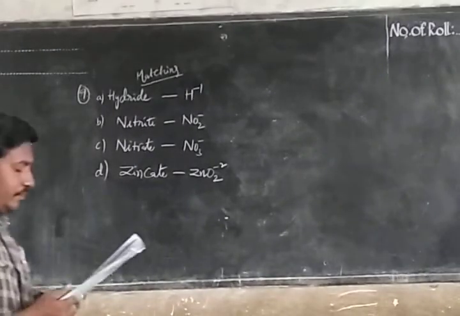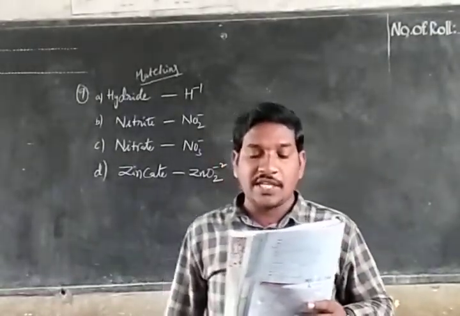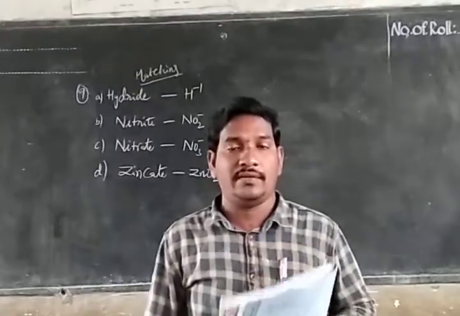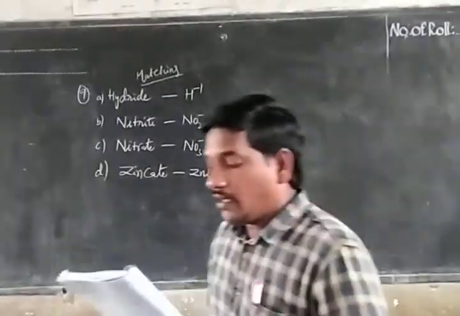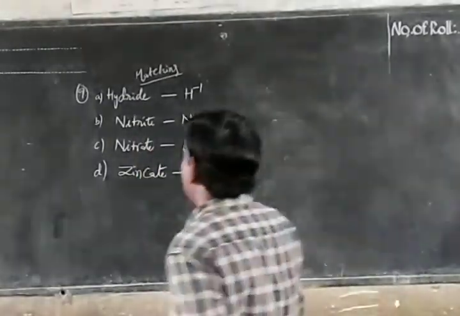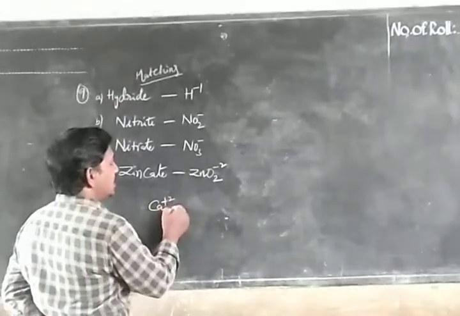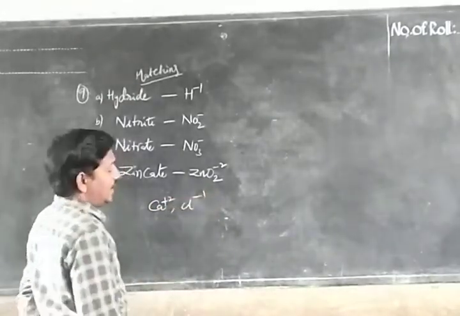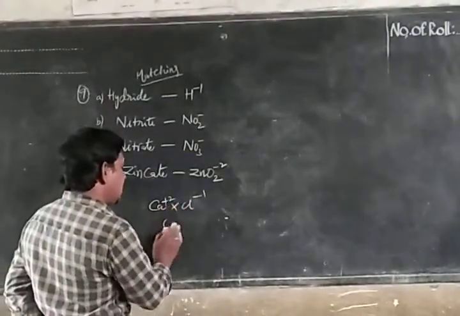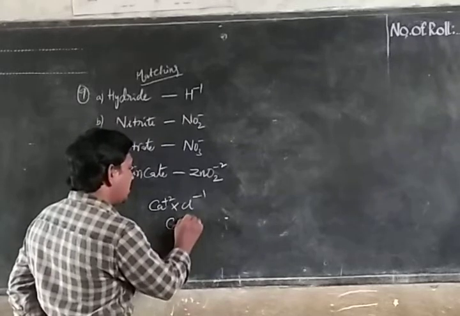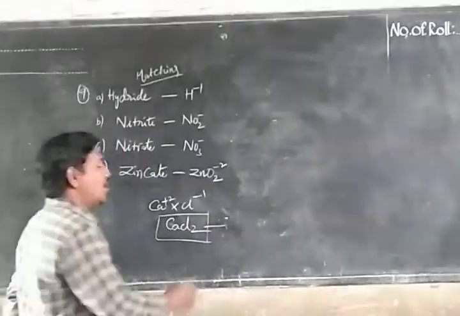Next, 10th one. While writing the formula of a chemical compound, it is always electrically neutral. For example, Ca plus 2, Cl minus 1. By the crisscross method, CaCl2. CaCl2 is a compound.